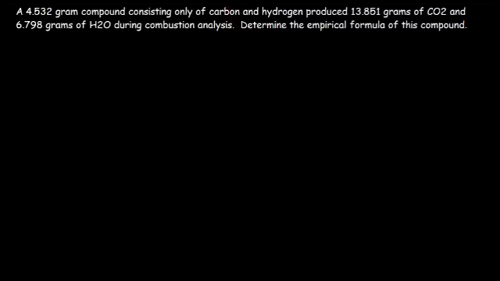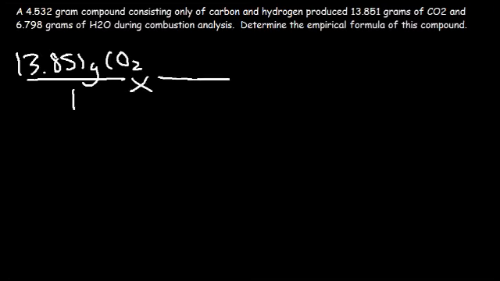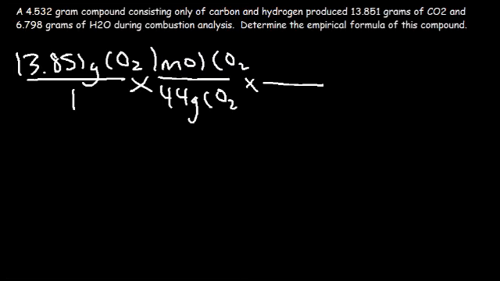So let's begin. Notice that we have 13.851 grams of CO2. And we know that the molar mass of CO2 is about 44. Now, we need to convert the moles of CO2 into moles of carbon.